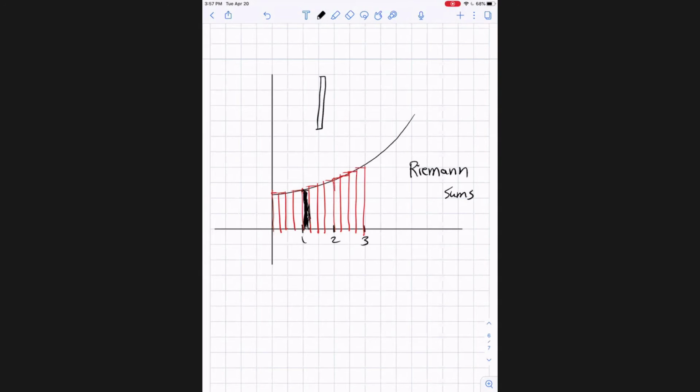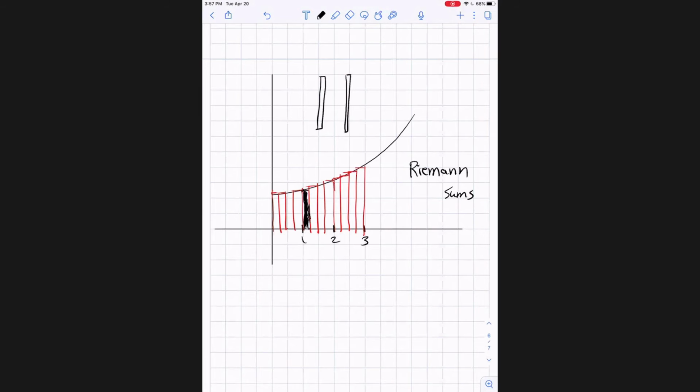No, because as you make n larger and larger, this rectangle is going to get super thin. And it gets thinner and thinner and thinner. So it really doesn't matter what value you pick in there because they're almost going to be right next to each other anyway. How close are they going to be to each other? As close as you want it to, because as n goes to infinity, that rectangle is going to be paper thin.